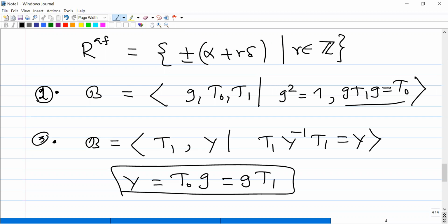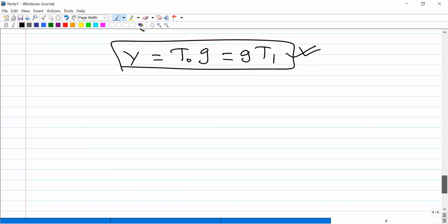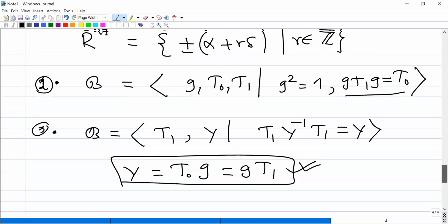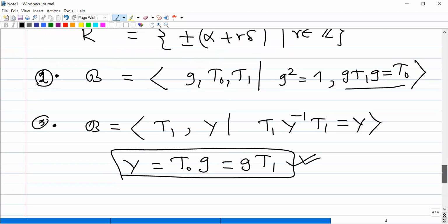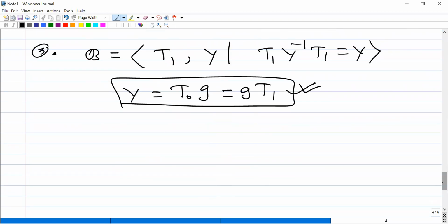Once you know these are all the relations between the generators, you verify the relations and then see you have a surjective map from one to the other. So let me just verify the relations. We need to verify that T1 Y inverse T1 should be equal to Y, but that's somewhat easier.